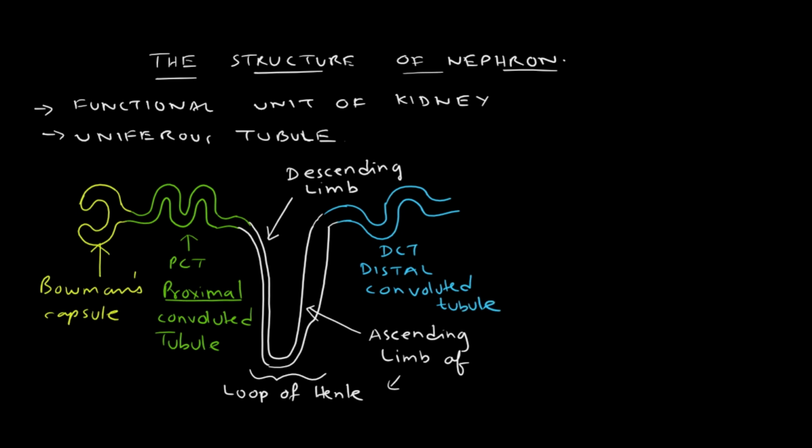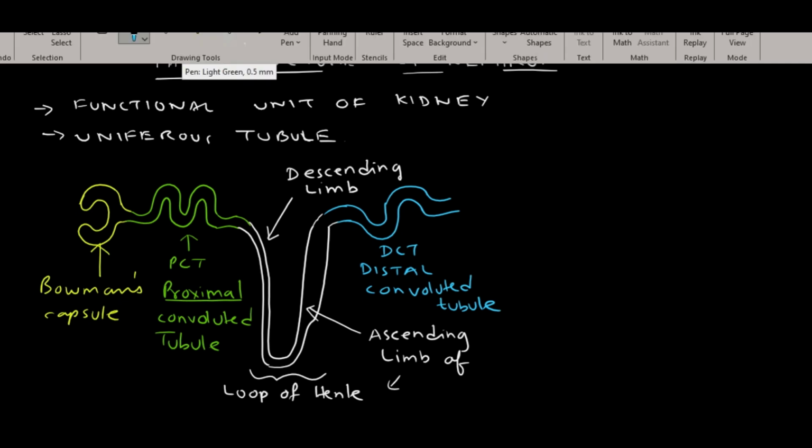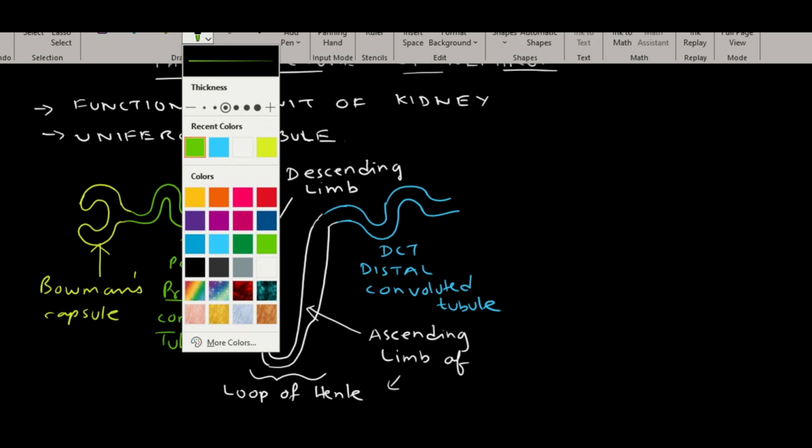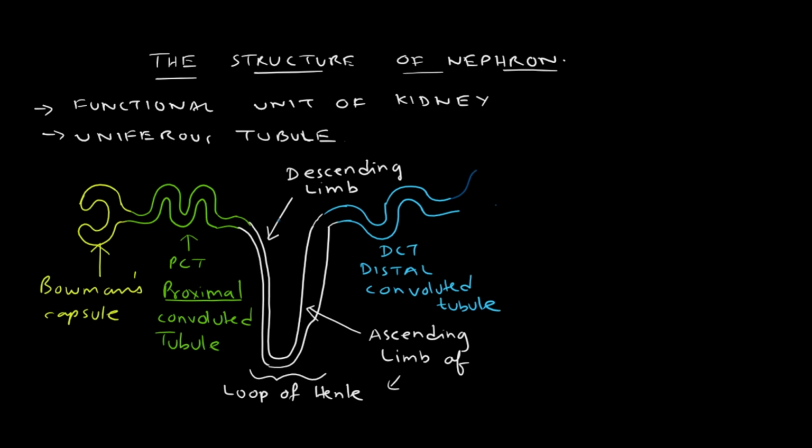By the time the urine reaches the distal convoluted tubule, it becomes concentrated, and it leads to once again a tubular structure which is common to other nephrons as well. So this is one single tube to which many other nephrons might be attached, and this tube is known as the collecting duct.